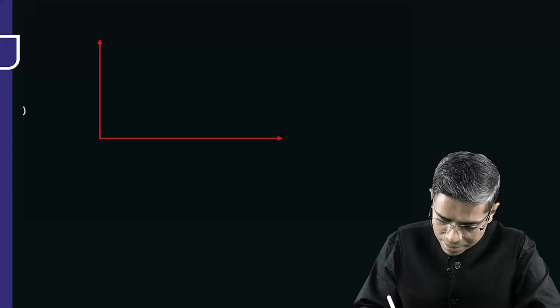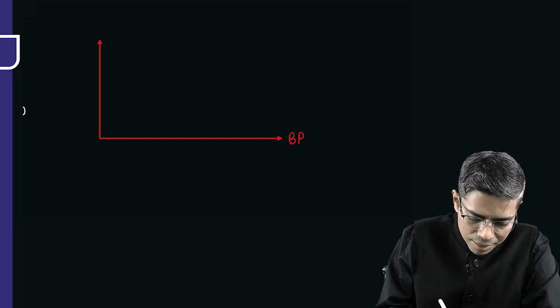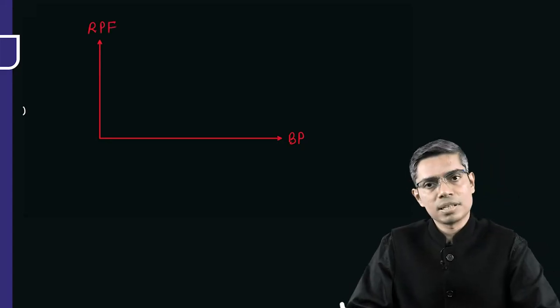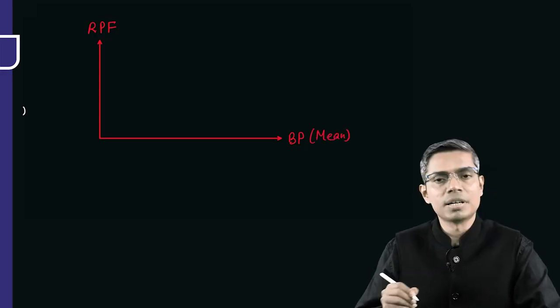The x-axis is the blood pressure of the subject, and the y-axis is renal plasma flow. Which blood pressure are we talking about? Mean blood pressure.